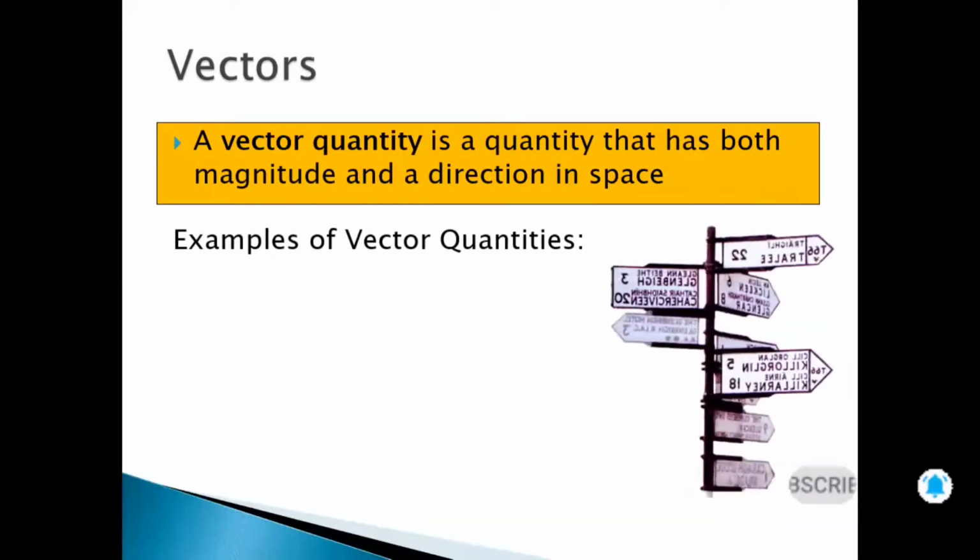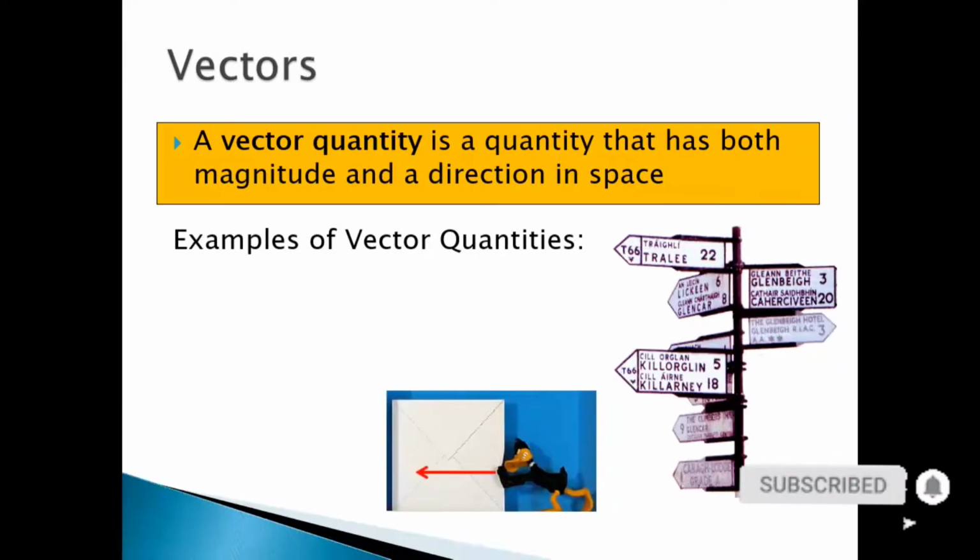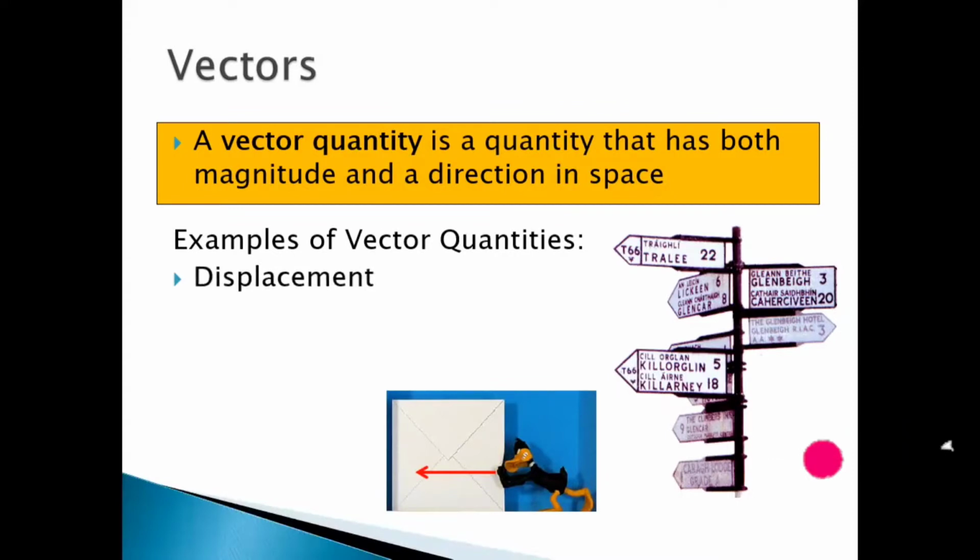Examples of vector quantities: when Tweety pushes the mailbox, it implies direction, therefore it is a vector quantity. It shows the magnitude of the box and the direction where Tweety pushes the box. Another picture here shows direction signages, right?